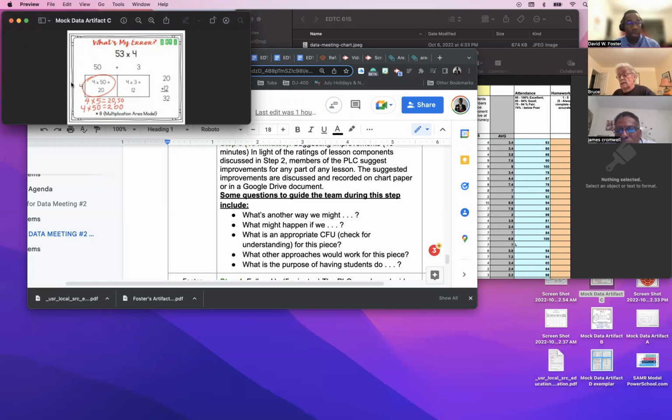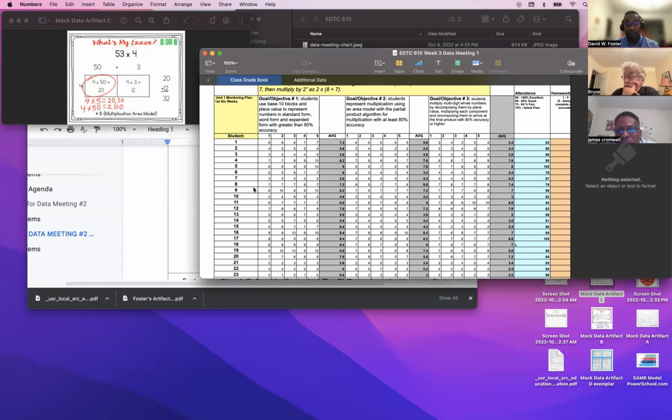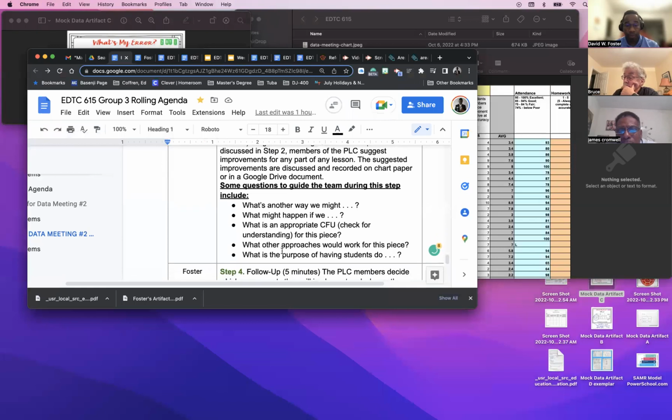And James, whatever artifact you had for that first set of data, objective number 1, you pull out your artifact and ask what other approaches would work to improve behaviors for this piece, or what is the purpose of having students not talking to each other, or only partnering up with one other person, or what's the purpose of the teacher picking the groups? You see what I'm saying?